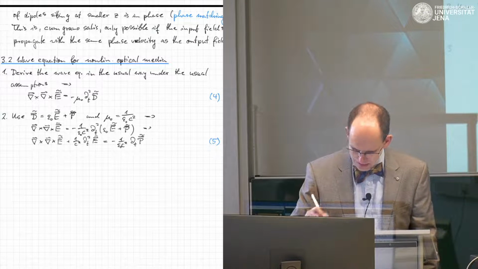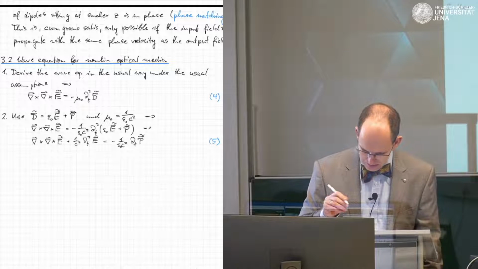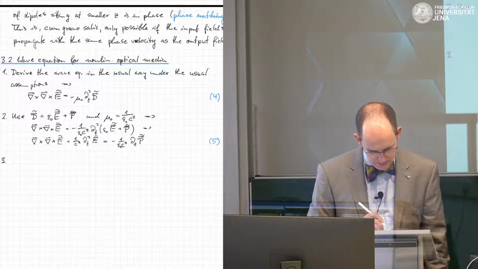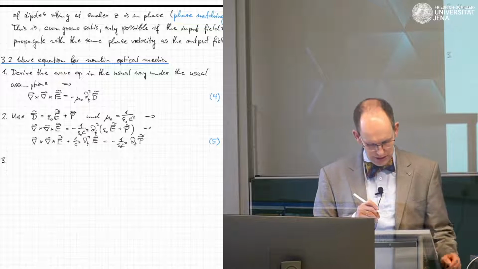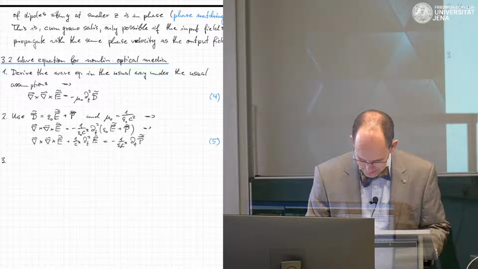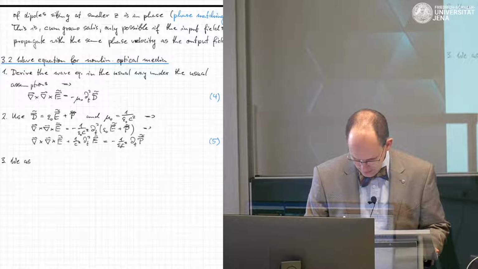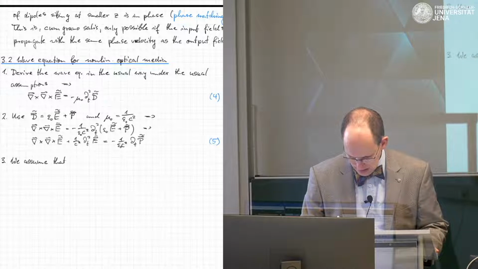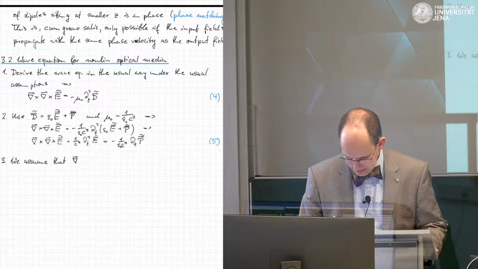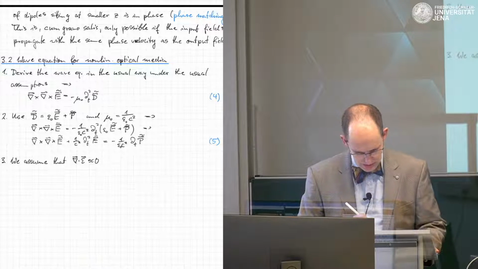So we say that the divergence of the E field is sufficiently small. We assume that this is small.